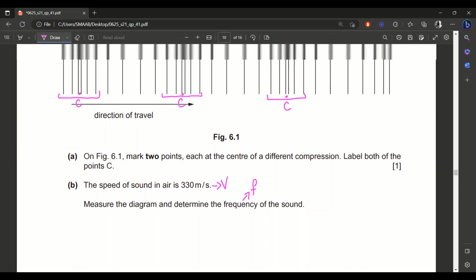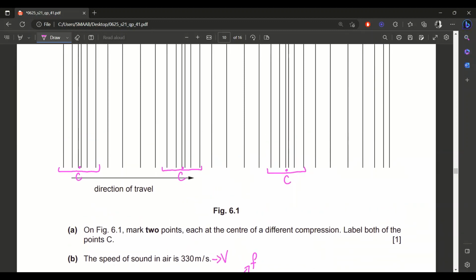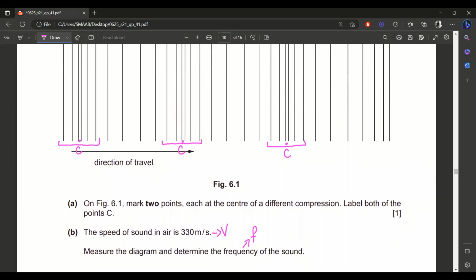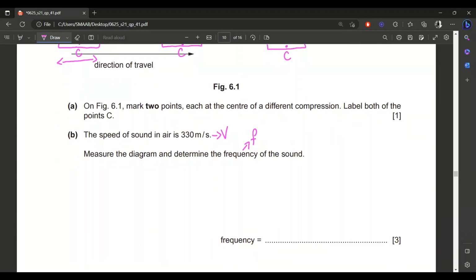So basically you need to use a ruler over here to find out the value. So I already calculated the value, but if you need to find out the wavelength, you just need to measure the length. Let's suppose you measure this length, then find out the number of waves: 1, 2, 3, 4, 5. Total 5 waves are going to complete over here. So divide the length by 5, so you will get the value of the wavelength. So the value of frequency will be equal to V over lambda.